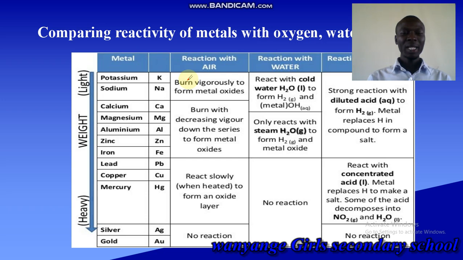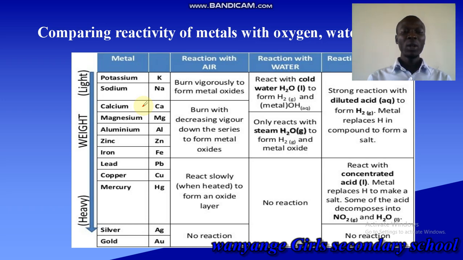So vigorously is an intense reaction. Okay? Now, the other grouping, we have calcium, which is capital C, lowercase a, magnesium, aluminium, zinc, and iron. These ones burn less vigorously compared to potassium and sodium.